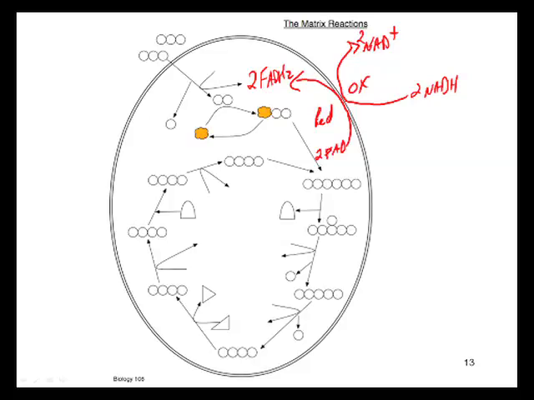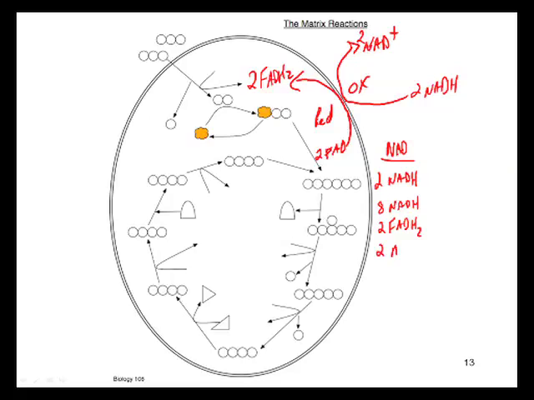Now if we go back and look at our counts, with the NAD shuttle, we have 2 NADH from glycolysis, right? And this is per glucose. We have 8 NADH from the membrane matrix reactions. We have 2 FADH2s from the matrix reactions.